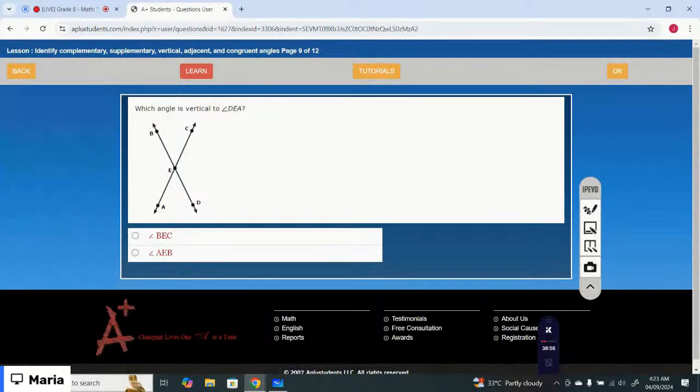Which angle is vertical to angle DEA? The correct option is angle BEC.